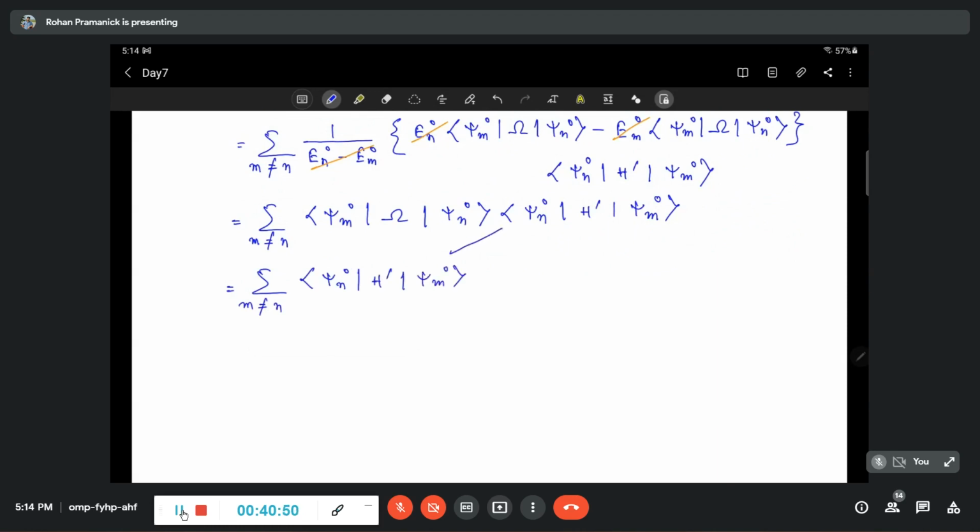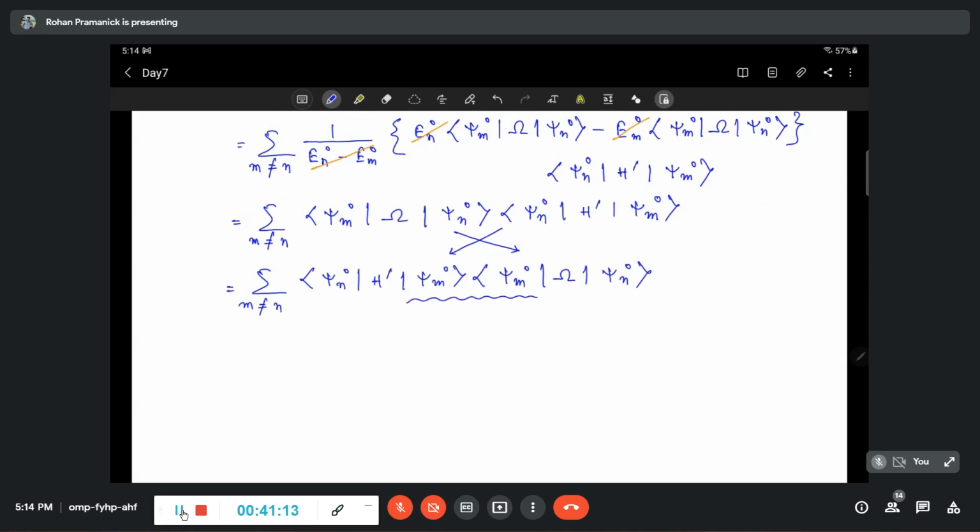And this psi m0 omega psi n0, I have written over here. So now you see that there is something going on over here. These are a complete set of orthonormal eigenvectors.